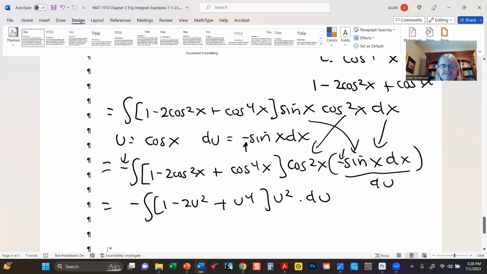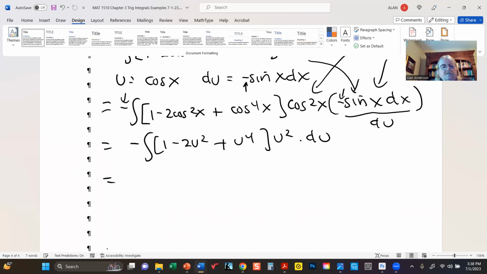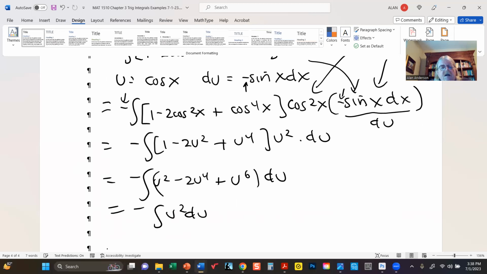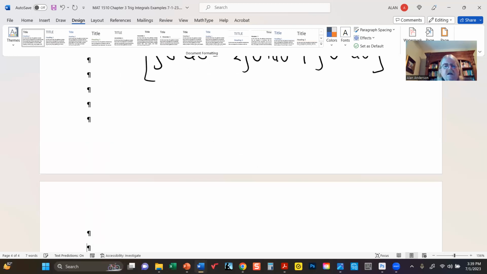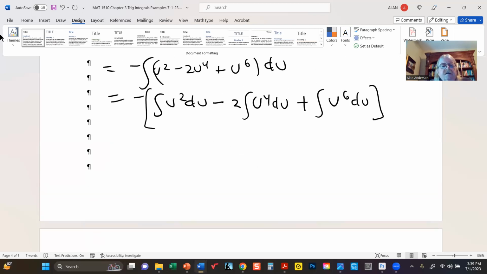Now I multiply these out. And then I can write each one of these individually. Actually, I'll leave this negative on the outside. Integral of u squared du minus 2 integral u to the fourth du plus the integral of u to the sixth du. And so let's see what we have.